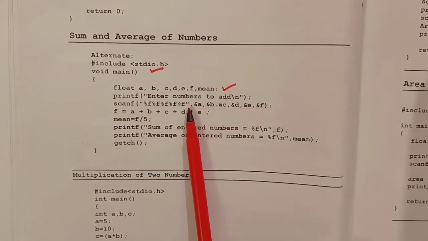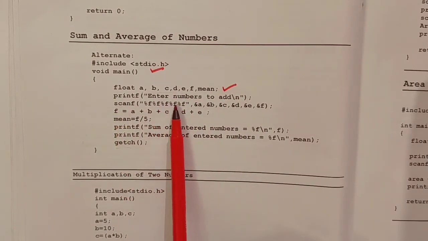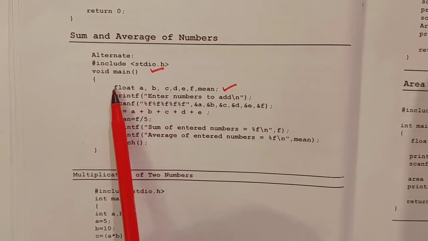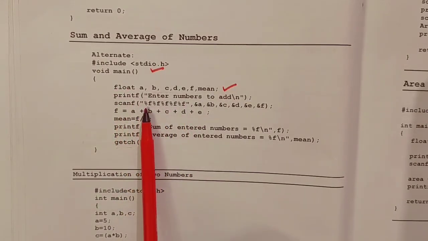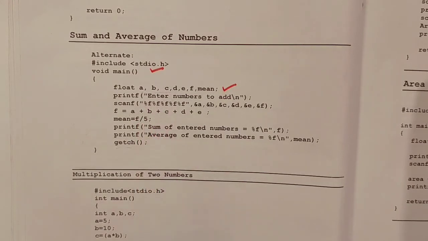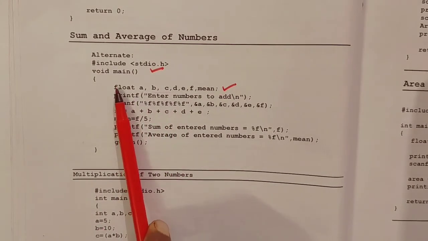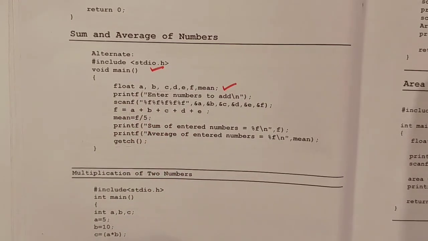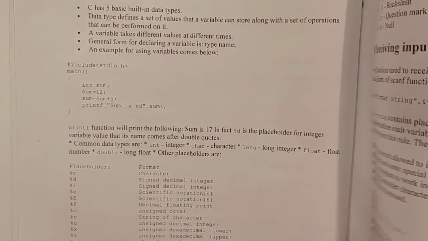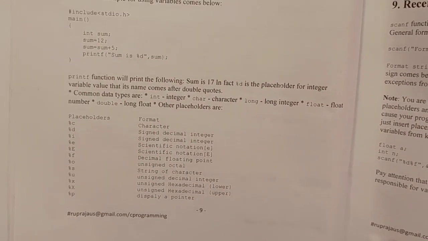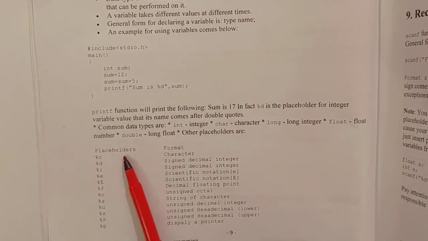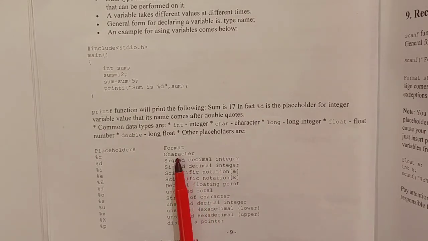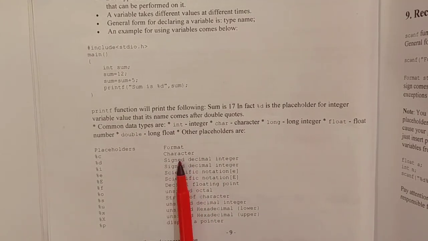As this 5 is input, it will scan the 5 input. Which type of input? Floating point input. So when you are defining floating point, you have to use %f. Now for different types of numbers, if you use integer, what we have to write is given in the chart. You can see placeholders on page number 9. For character, %c.